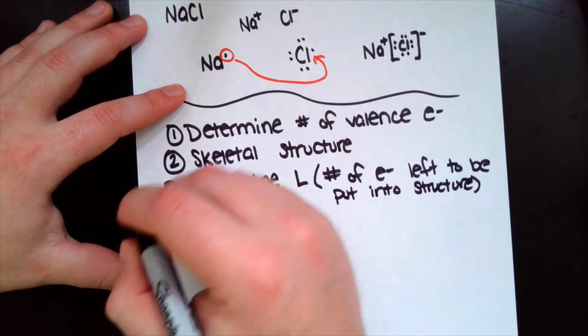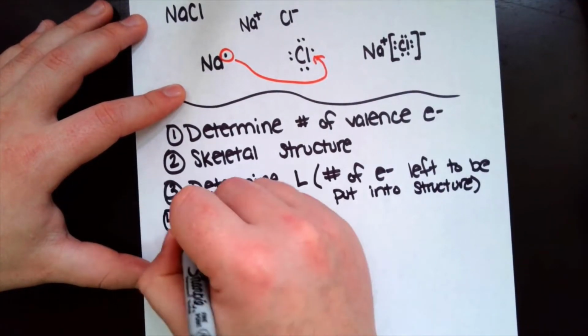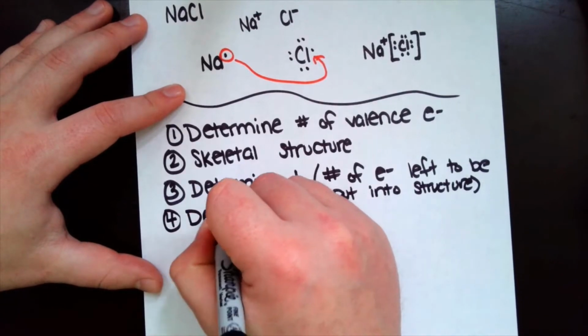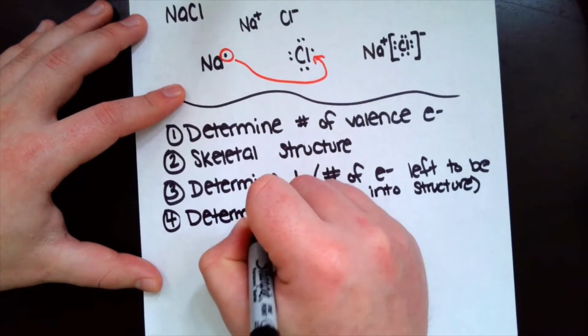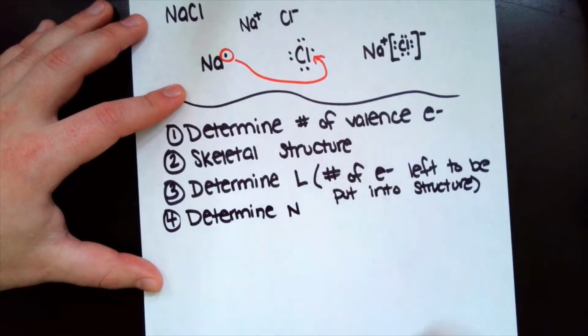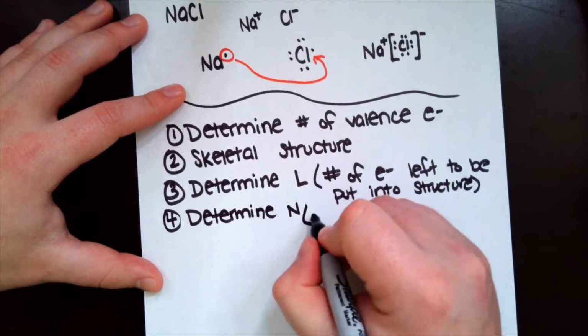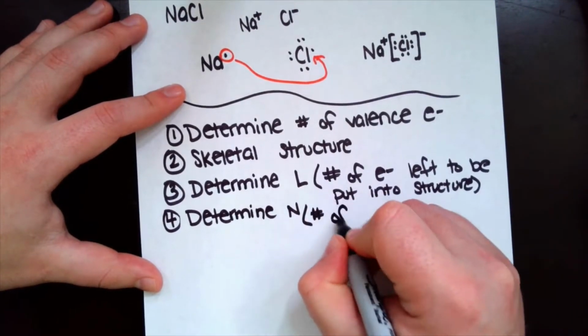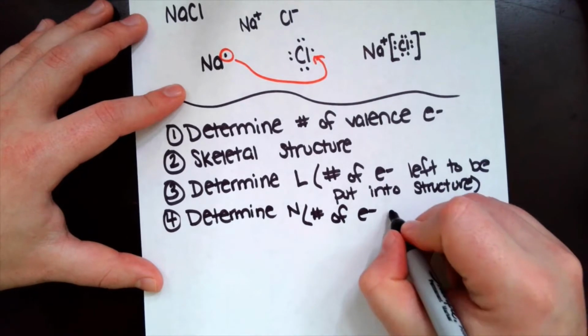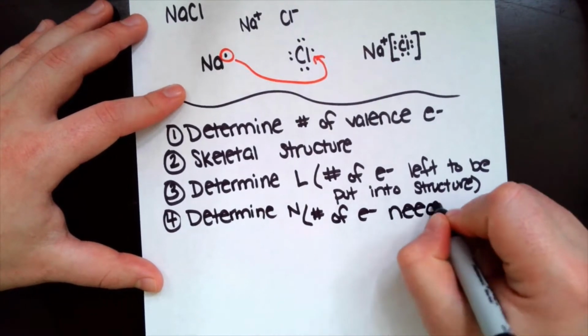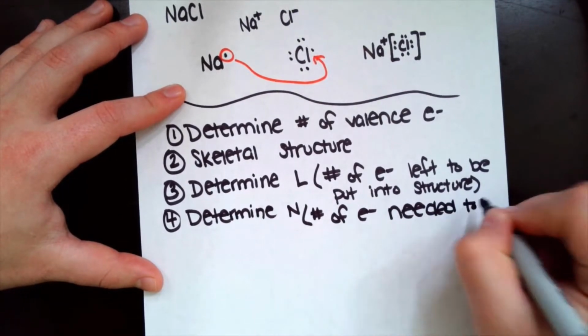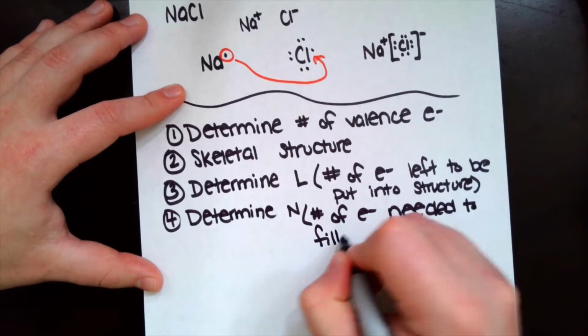After that, step 4, determine N. And N is the number of electrons needed to fill the remaining octets.